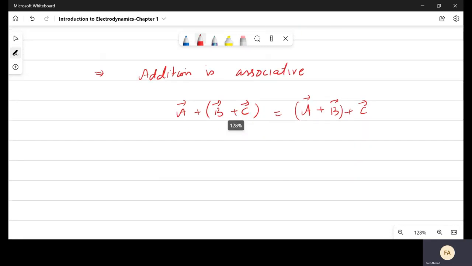We can do the subtraction of the vectors as well. So vector subtraction.